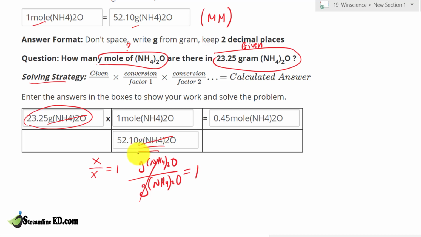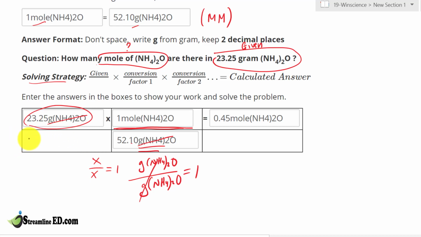And if the gram is on the bottom, the other side must be on the top because this conversion factor can be expressed as a fraction. So therefore, the mole goes on top. And that is exactly what we are solving for.